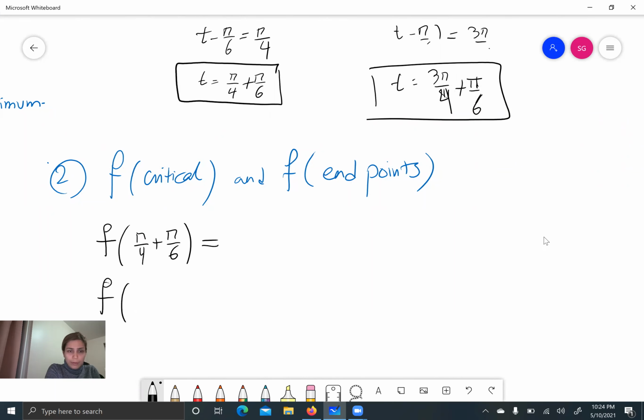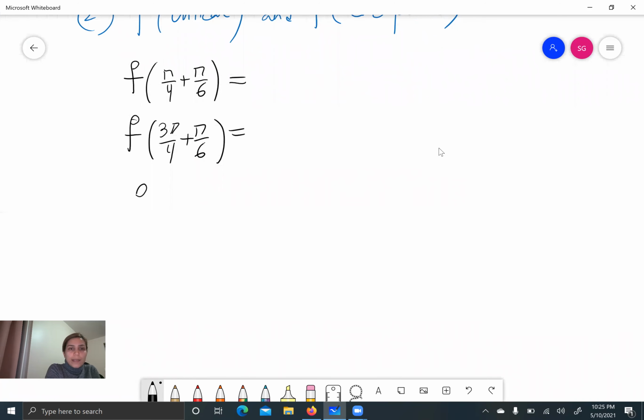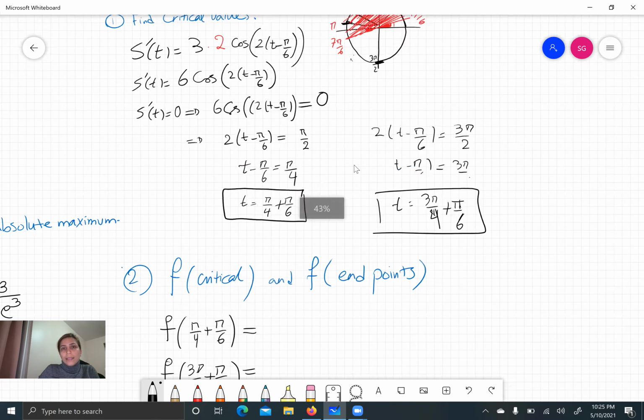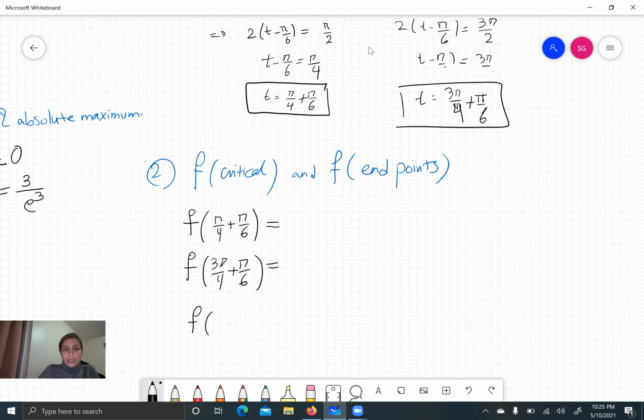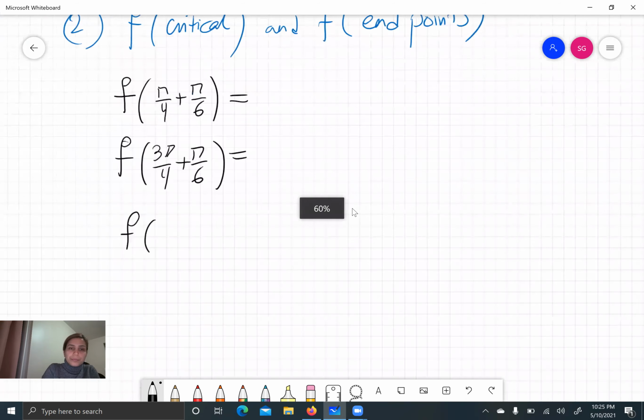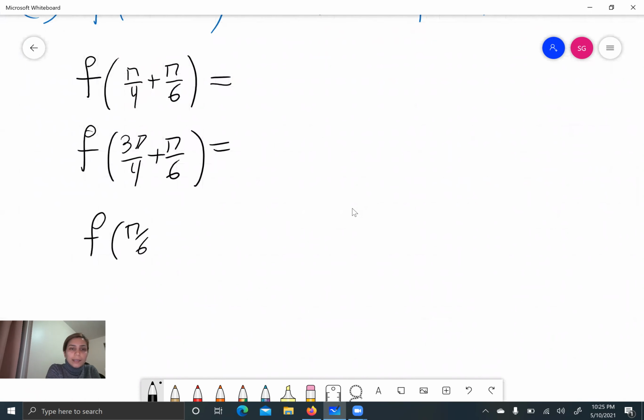We need to find f of 3 pi over 4 plus pi over 6. So these are critical values, and also f of endpoints. Endpoints means endpoints of the interval. The interval is pi over 6 to 7 pi over 6. So it's going to be f of pi over 6 and f of 7 pi over 6. So we just need to find these four values.